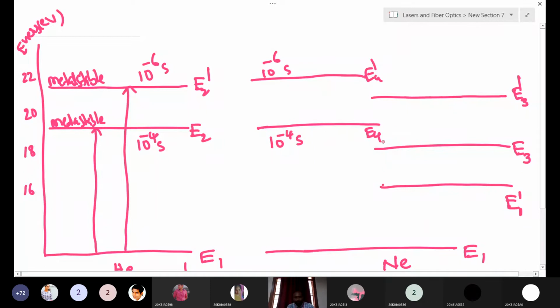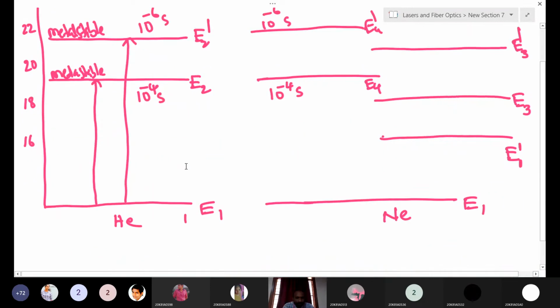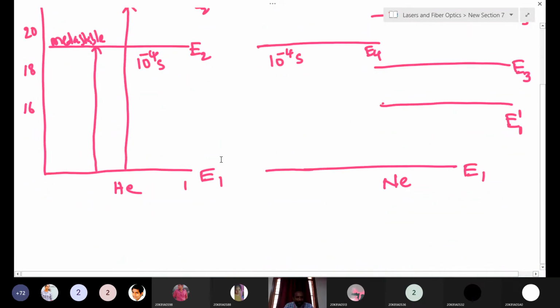See how we are writing these energy levels and lifetimes. You do not need to memorize this. E is equal to h nu, and nu is 1 by tau, so nu is inversely proportional to time.